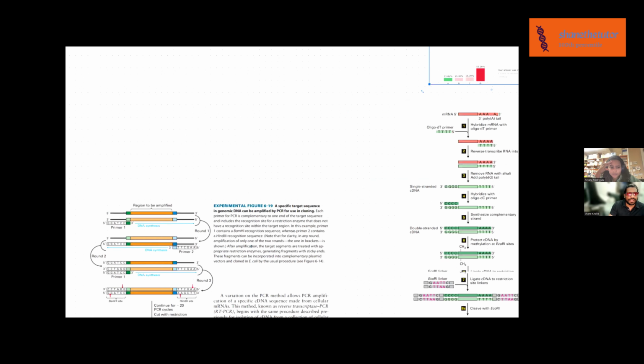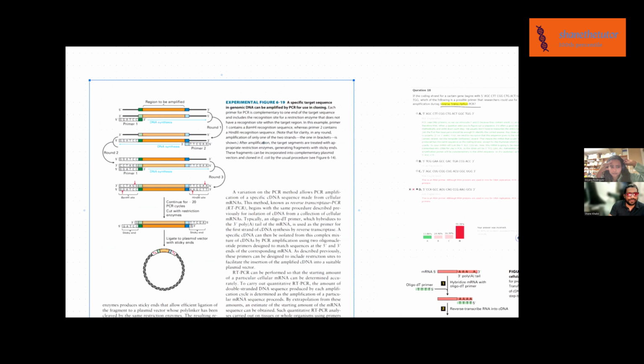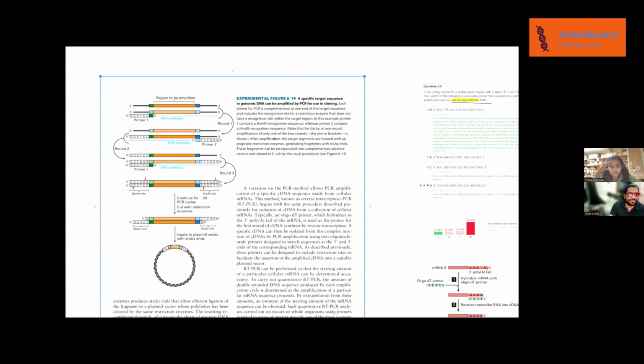So that'll be that region that's to be amplified, and it's 5' to 3', and this can have a DNA primer attached to it.